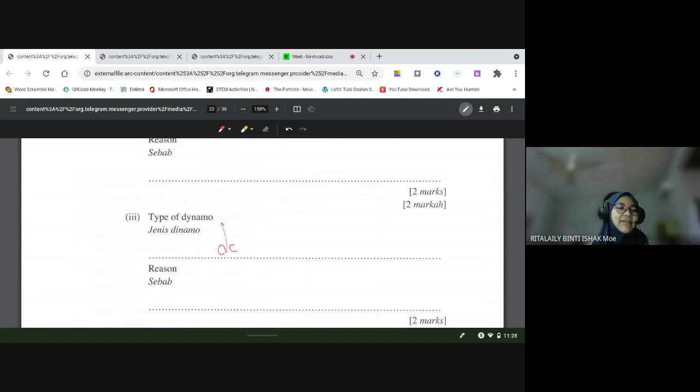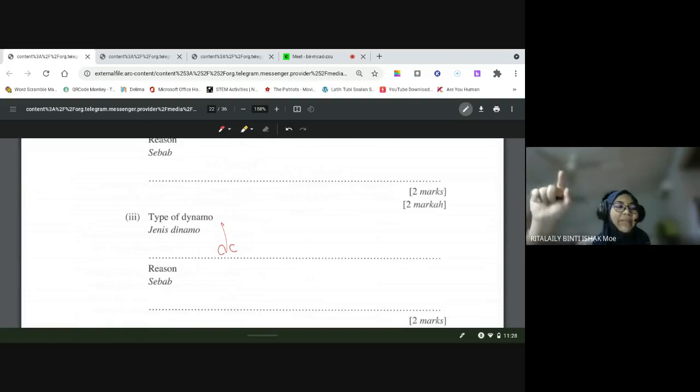Okay, AC. How is the current produced by AC? 0, 1, 2, 3, 4, 3, 2, 1, 0, negative 1, and so on. But for DC, how is the current produced? 0, 1, 2, 3, 4, 3, 2, 1, 0, 1, 2, 3, 4.